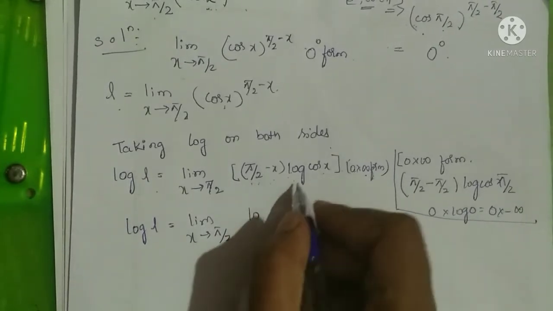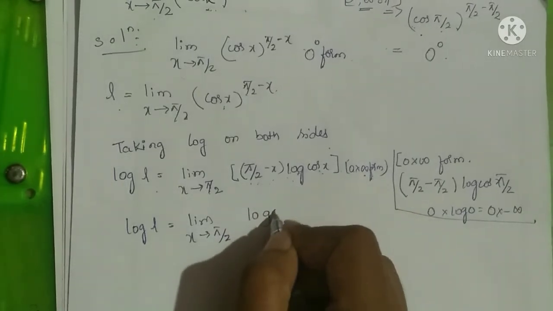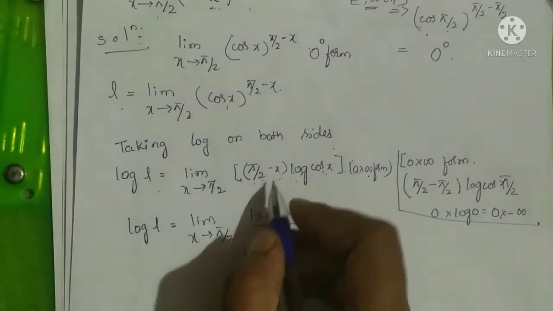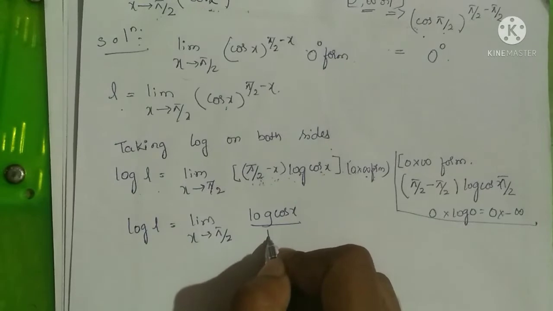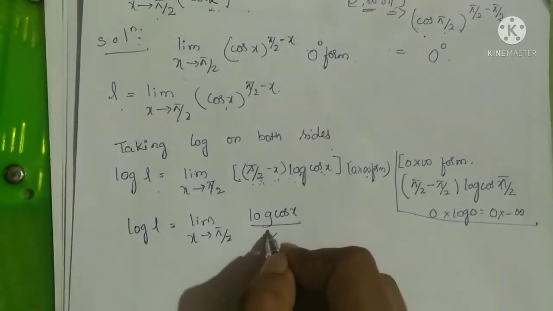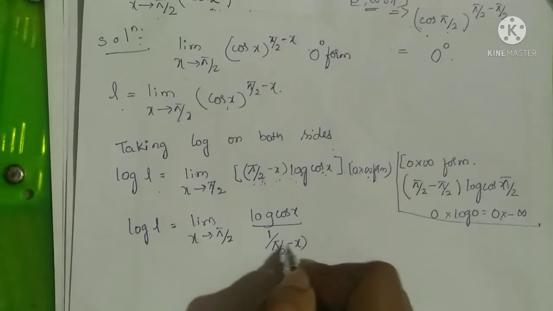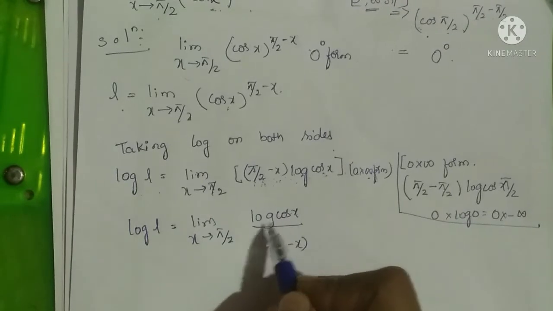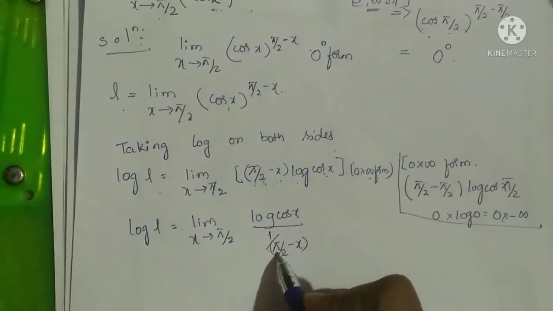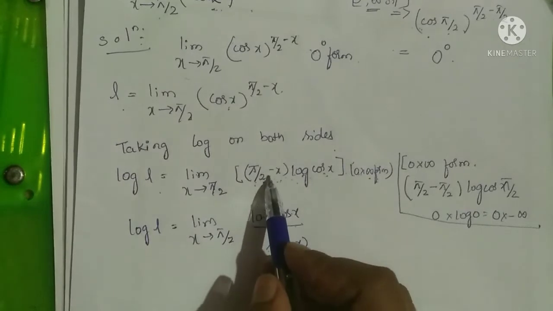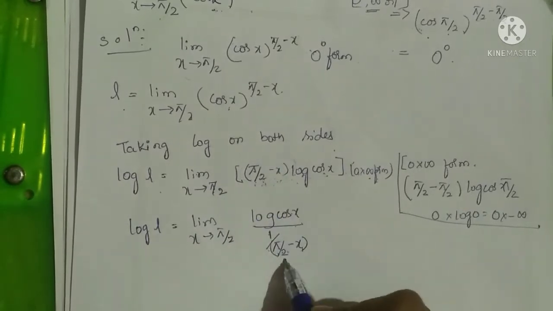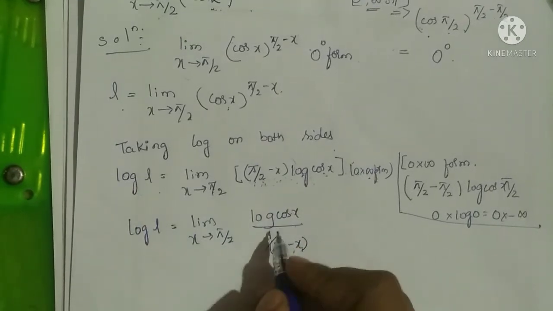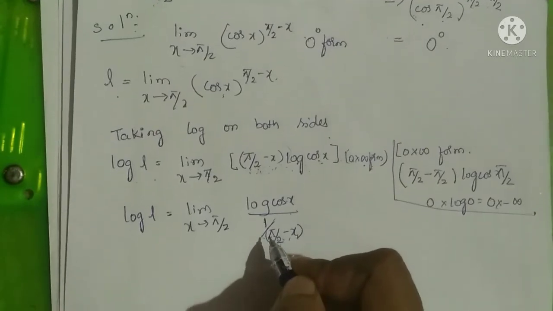For our convenience, I'll write log cos x as it is, and I'll shift pi by 2 minus x into the denominator. While converting this into the denominator, you have to be very careful. You should write 1 divided by (pi by 2 minus x).